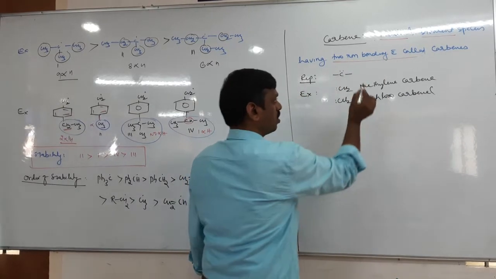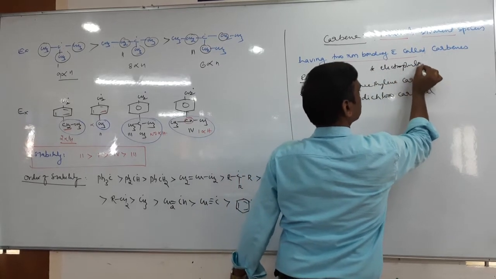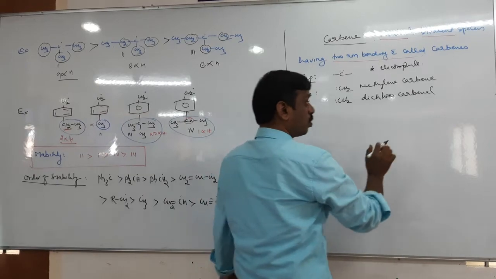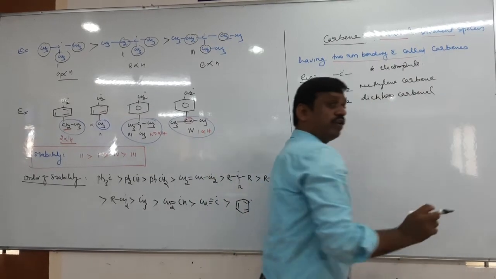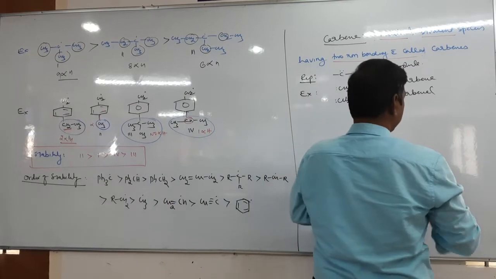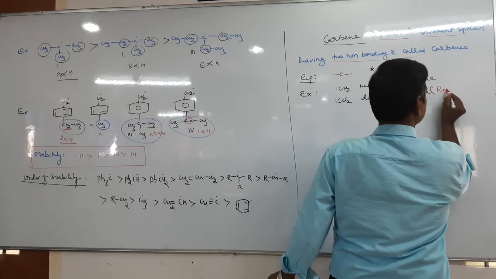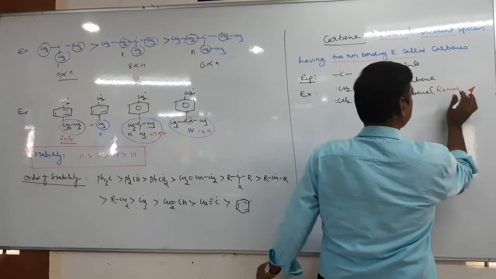All the carbenes are electrophiles, we have studied. This dichlorocarbene is obtained in the Reimer-Tiemann reaction, one of the important reactions we will study later.